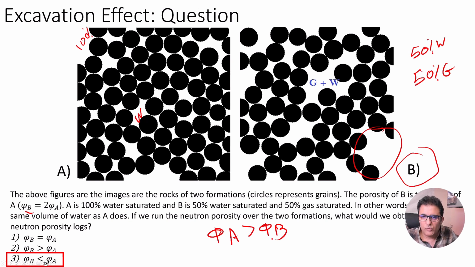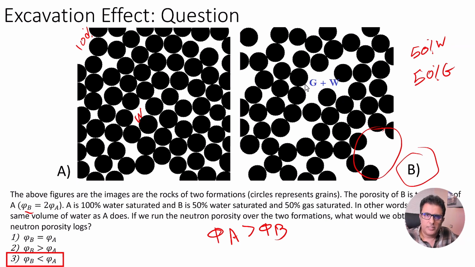Here you may ask me why we see this phenomenon. If you remember, I said that the major contribution to neutron attenuation comes from hydrogen. So you may say that these two formations have an equal amount of water. Water has a lot of hydrogen, but B also has gas, and gas is composed of hydrogen.